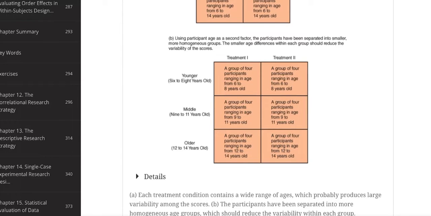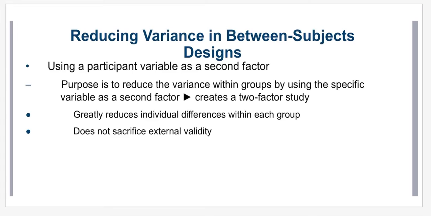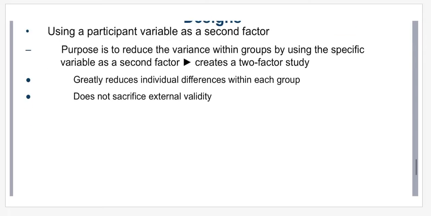And so now they can compare those age groups to see if there actually is an effect of age on the dependent variable, but also to see if there's an interaction here between age and the treatments, which is then in turn affecting your measurement, whatever your dependent variable is. So hopefully that gives you guys an example of that application.